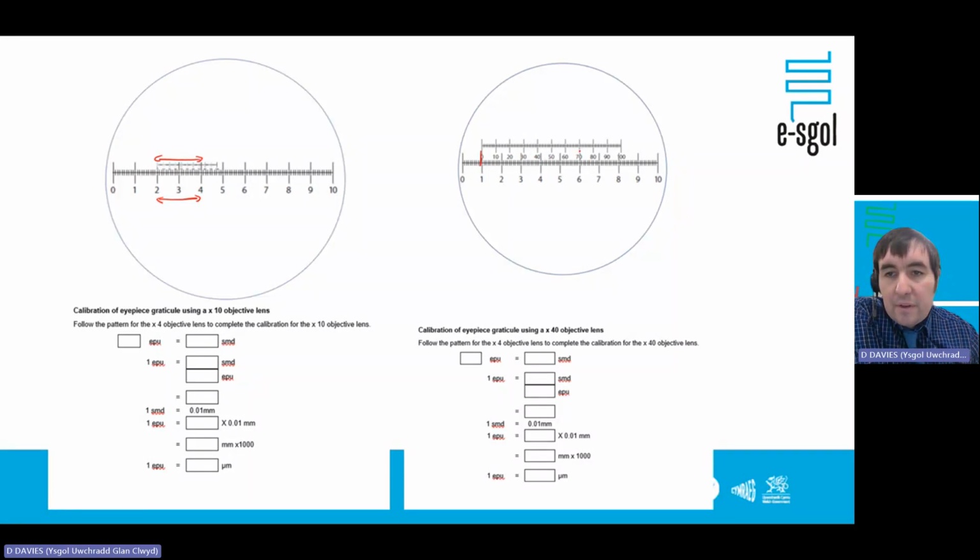They line up again there, don't they? That's going to be nice and easy. So 70 of those is going to be worth 60 of those. Have a go at calculating this one and this one. You can stop the video and have a go at calculating those, and then in a second I will show you the answers.